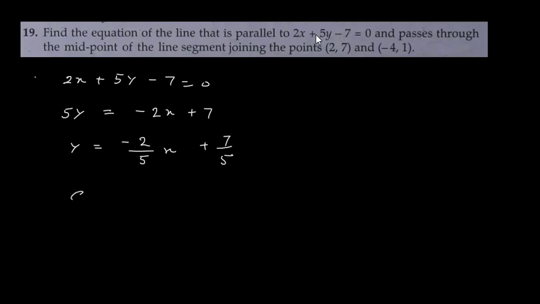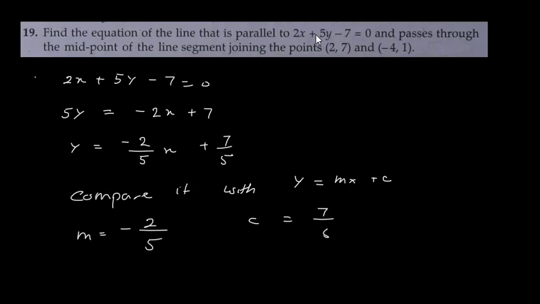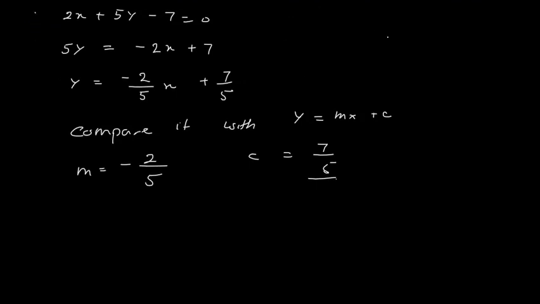If I compare it with y equals mx plus c, I will get the value of m as minus 2 divided by 5 and the value of c is 7 divided by 5. But m is important to me.